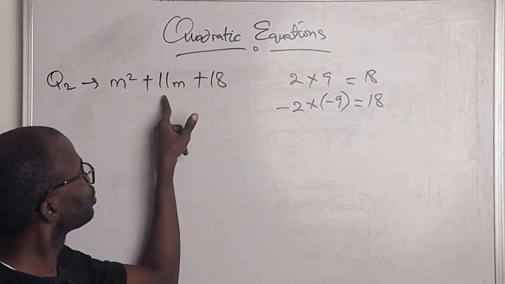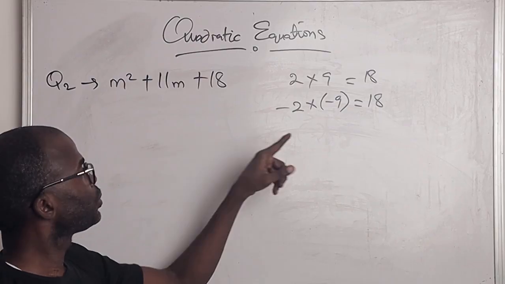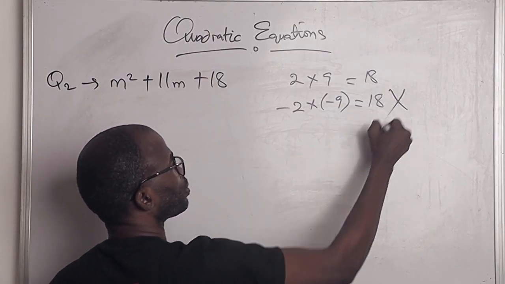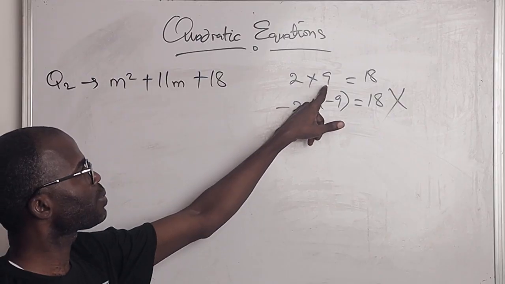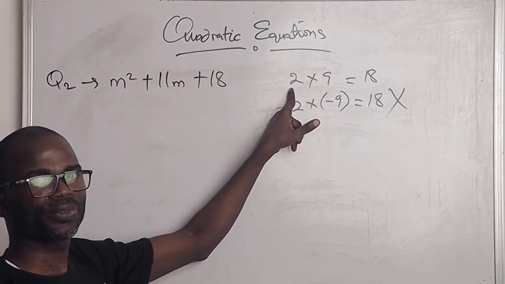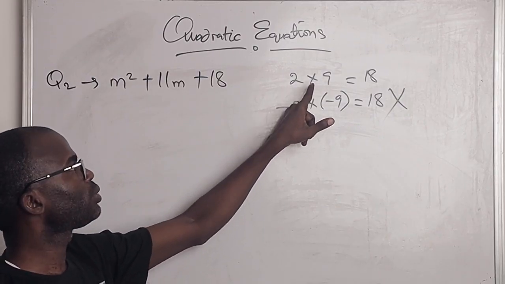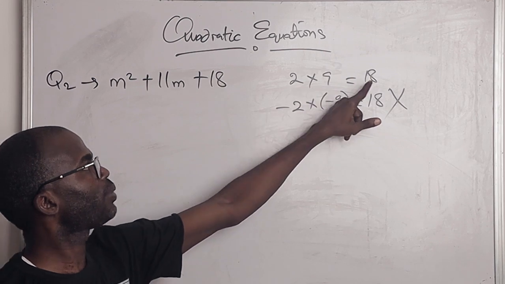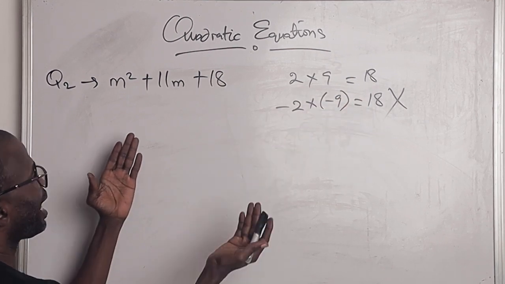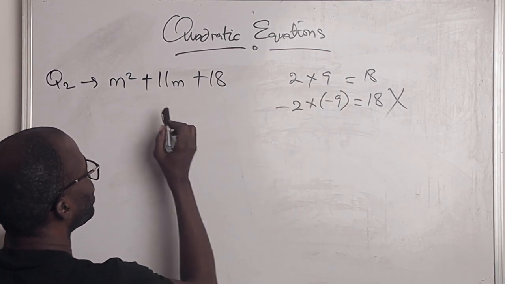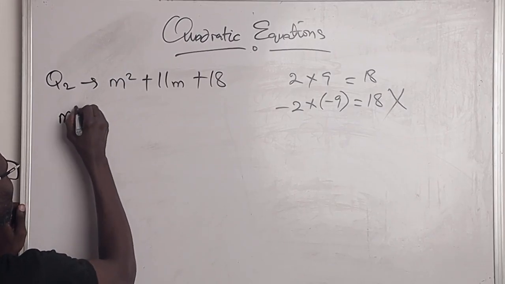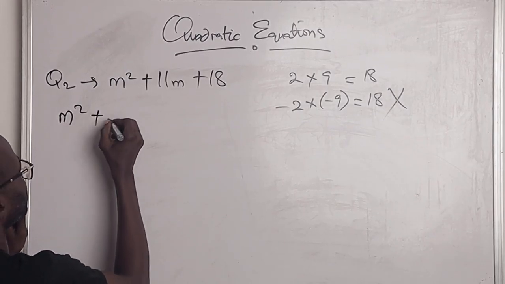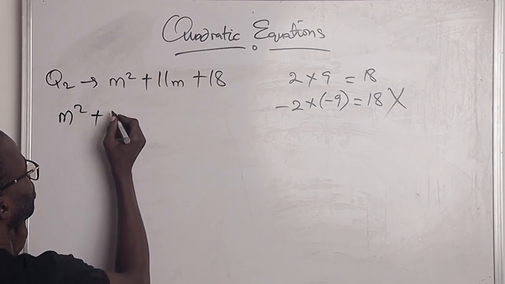No. It will give me minus 11. So this is out. But if I say plus 2 times plus 9, which is often called 2 and 9, 2 times 9 will give me 18. And if I add 2 plus 9, what will it give me? 11. So this one is very simple. I'm not going to waste time here. m squared plus, what will I put here now?